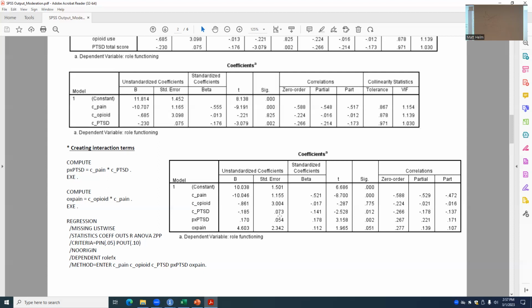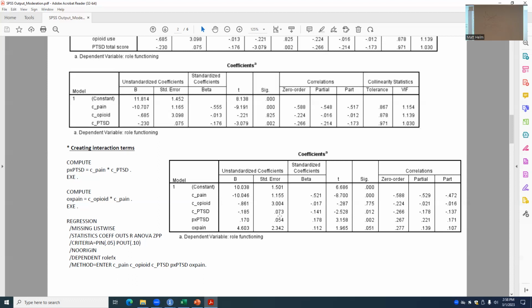Basically, this is the simple slope of pain on functioning at average levels of PTSD and controlling for opiate use. This is the simple slope of PTSD at average levels of pain controlling for opiate use. This is the unique effect of opiate use on neural functioning at average levels of pain and PTSD, but opiate use doesn't have one.